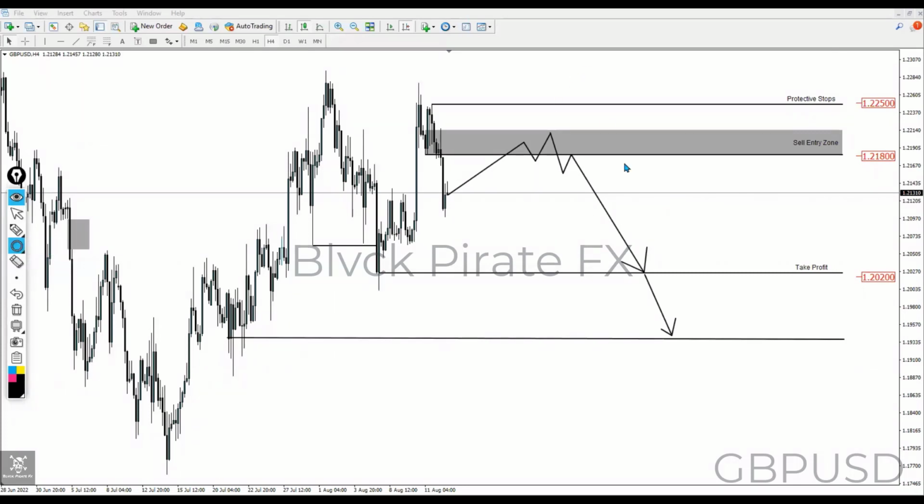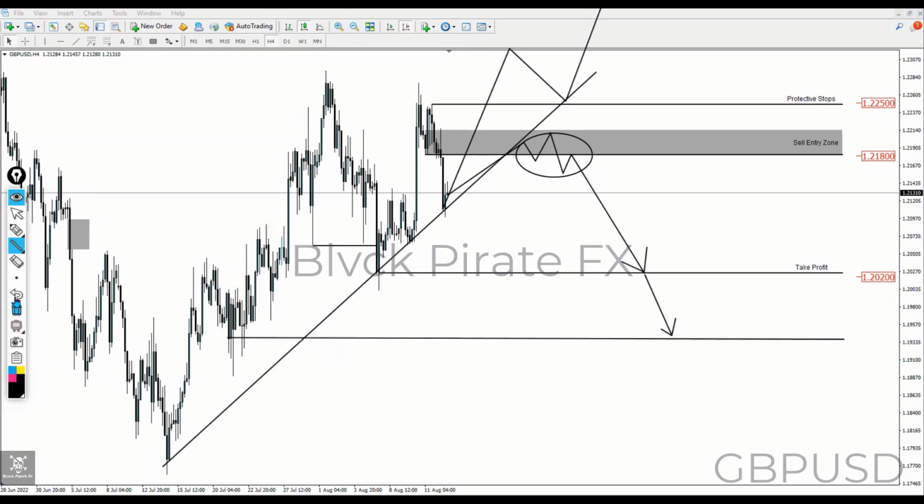Remember to only get into this trade if you get a form of market structure break in here. Do not enter if you don't see any of this, because price might want to continue going up, do something like that and then continue going higher.